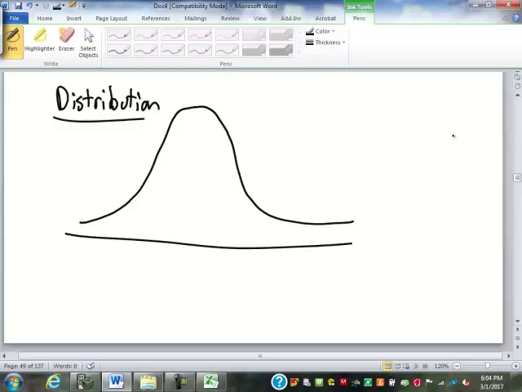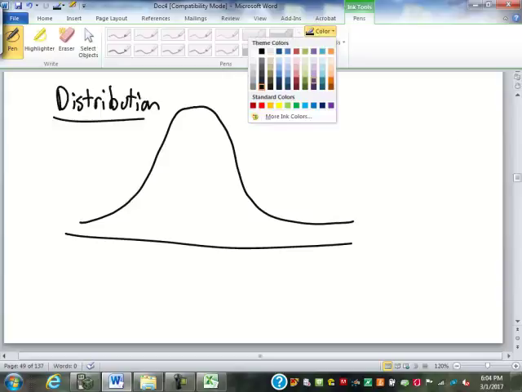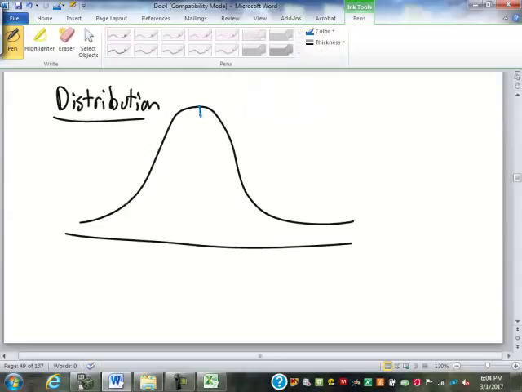And we said that for that normal curve, if it was a perfectly normally distributed set of data, the mean, median, and mode would all be right at the center. And we said the spread, or the standard deviation, describes how wide that is. And it's very distinct and very predictable how it describes how wide it is.